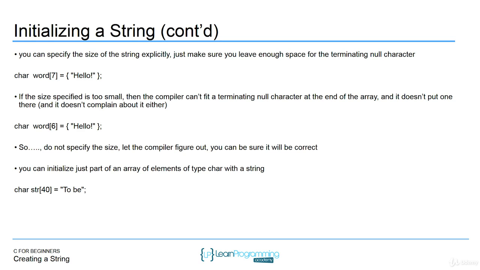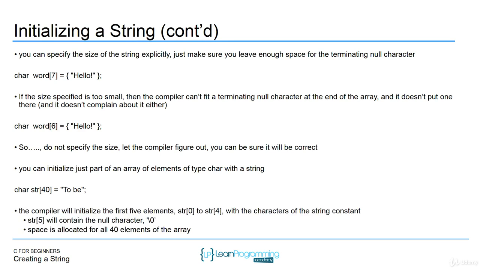You can also initialize just part of an array of elements of type char with a string. So if you actually created a size that was really large and you only assigned a couple characters, that's fine as well. You're only initializing some of the characters. All the other characters are just going to be empty. So what will happen here is the compiler will initialize the first 5 elements, str[0] to str[4], all of those characters in the string constant, and then str[5] will contain the null character.